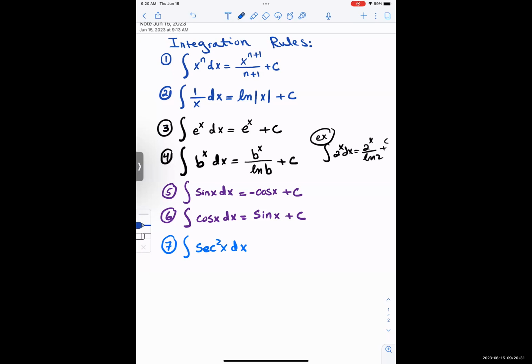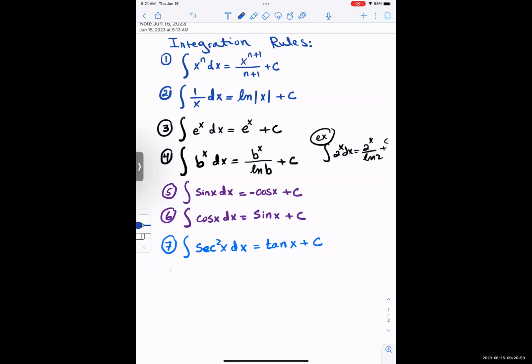What was that trig function that when you take the derivative, you get secant square? Excellent, that's tan. So integral of secant squared dx is tan x plus c. Derivative of tan is secant squared, antiderivative of secant squared is tan.